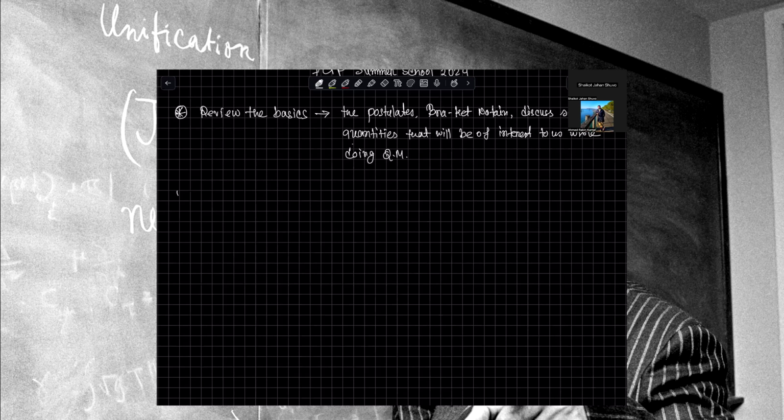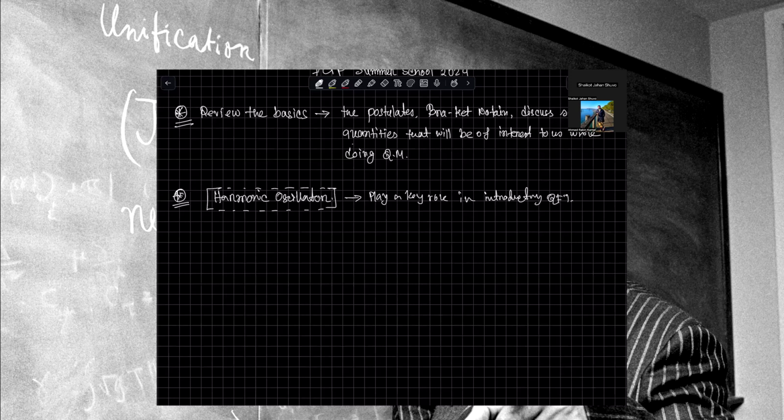But then on the second half, I plan to go over the harmonic oscillator. This is the most important thing, or the most important agenda for today. We want to talk in details about the harmonic oscillator, and this will play a key role in introductory quantum field theory that you guys are gonna take in a few days.